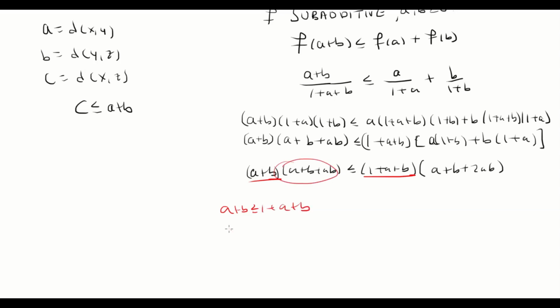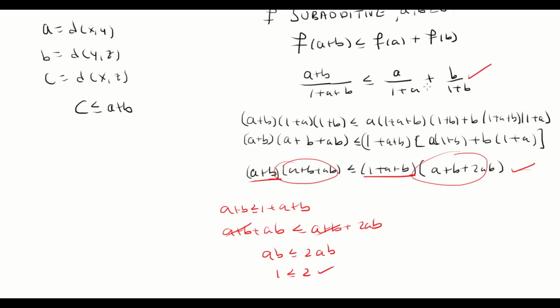And then a plus b plus ab is less than or equal to a plus b plus 2ab. Because when you cancel this out, you have ab is less than or equal to 2ab, and then you get 1 is less than or equal to 2. So then this inequality holds, so therefore this is true.